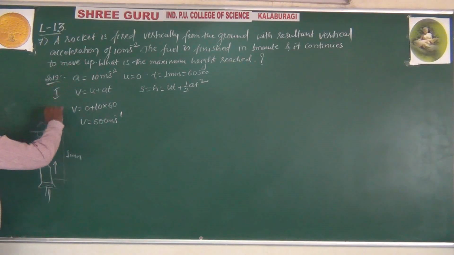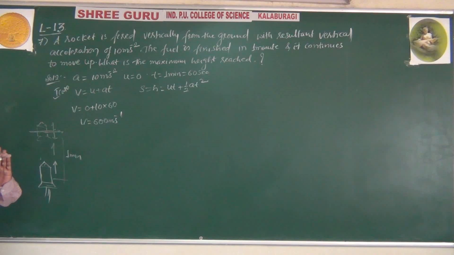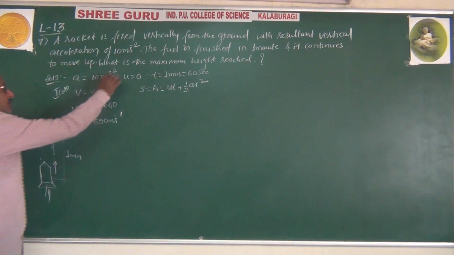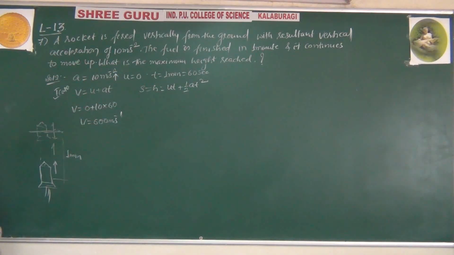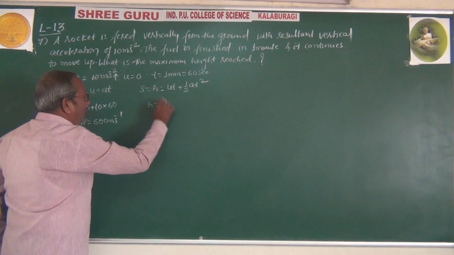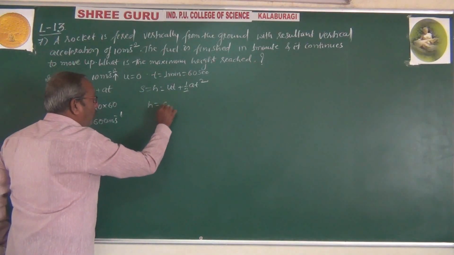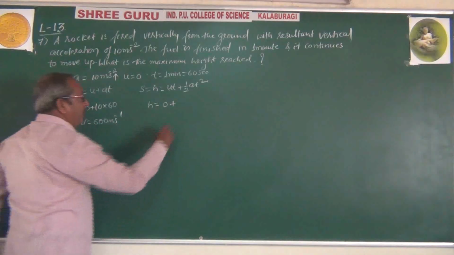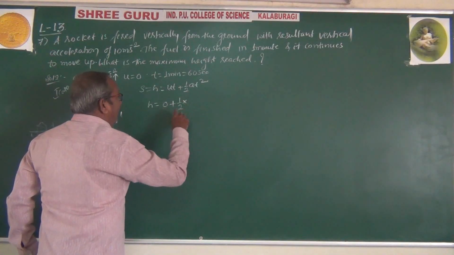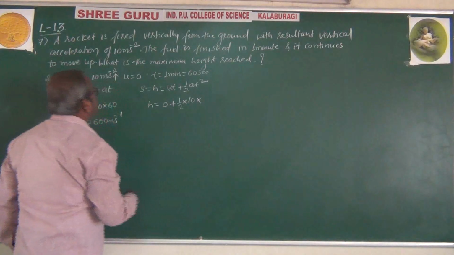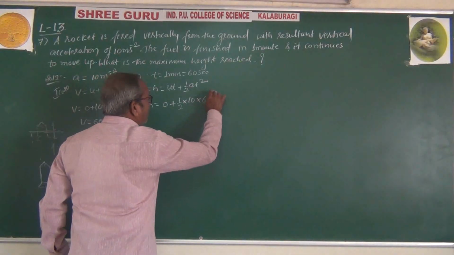This is the first case, when the fuel is present and the rocket is accelerating upward with this acceleration. Then with 600 meter per second velocity at this point, how much height is covered? That height h equal to ut, u is 0, so 0 into anything is 0, plus 1 by 2 a t square, a is 10, t is 60 square.